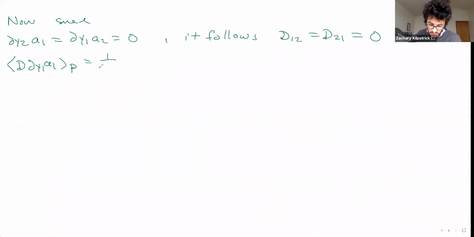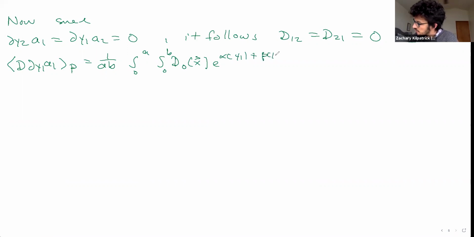So this just requires a few steps to compute this integral, right? So we get 1 over ab, and then we're going to have a double integral since our cell is two-dimensional. So we have d0 of x, that macro structure there, e to the alpha y1 plus beta y2 times minus 1 plus kappa 1 e to the minus alpha y1, integrate with respect to y2 and dy1.